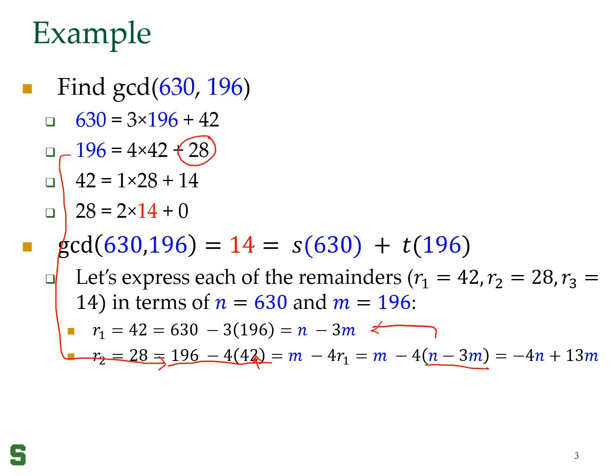This is what we had over here. 196 is one of our original numbers, which we were calling m. So in that case, we're going to have m minus 4 times (n minus 3m). Then do a little bit of algebra to get to this expression. So essentially, in this case, what we have is s is equal to minus 4, t is equal to 13. Note that we have not reached the GCD yet, so we need to keep doing this further.